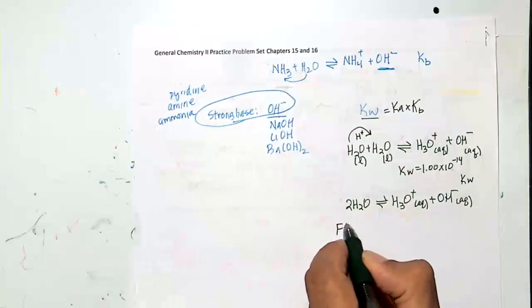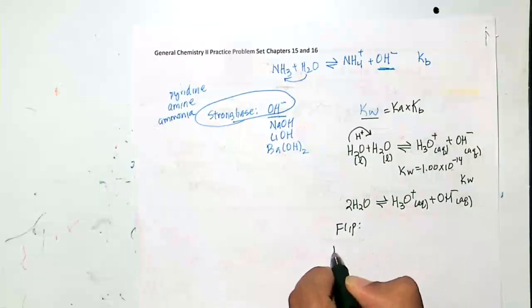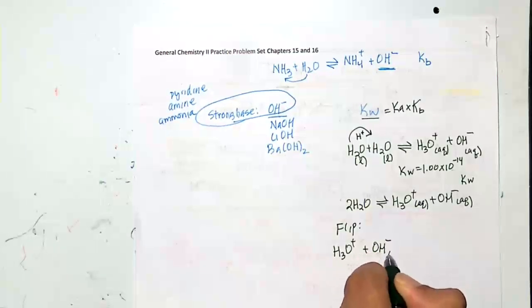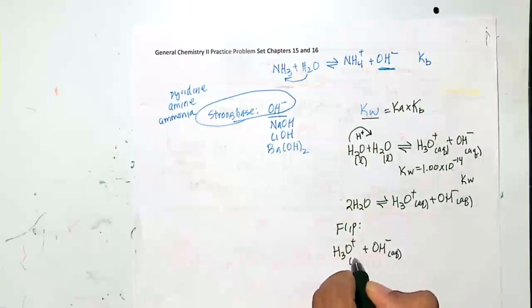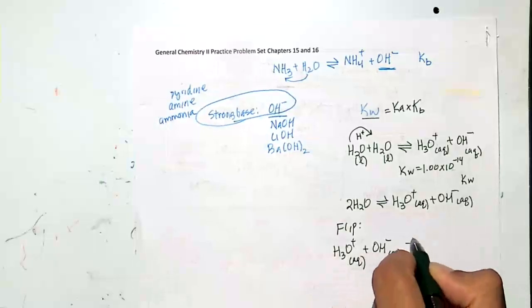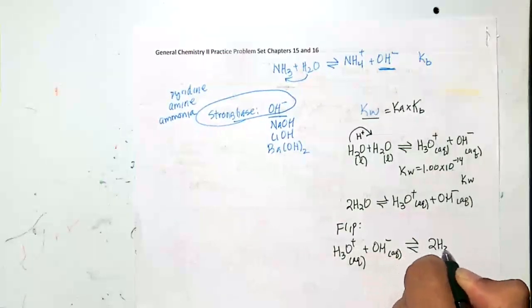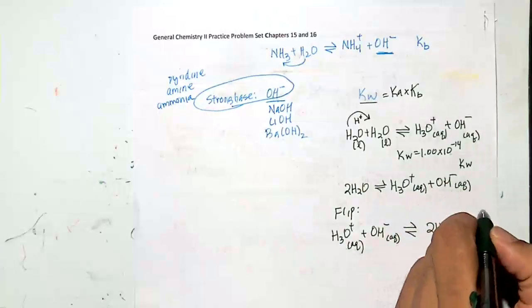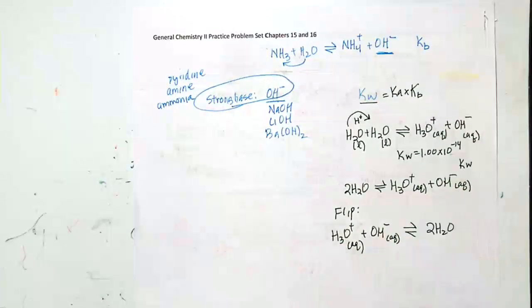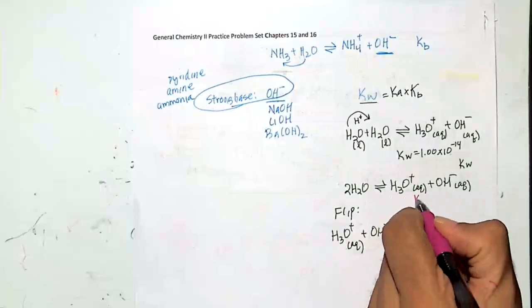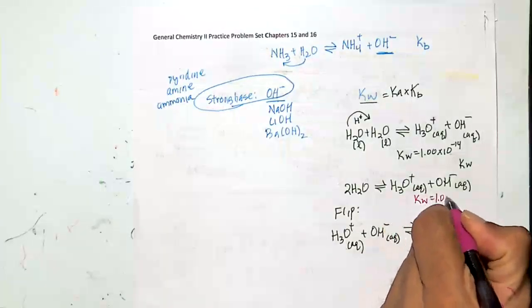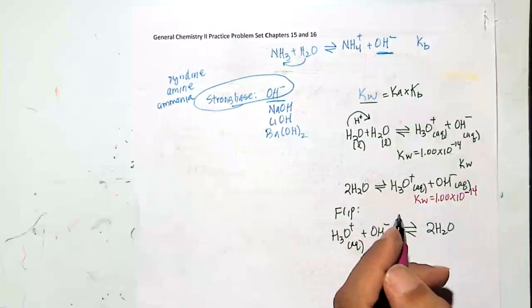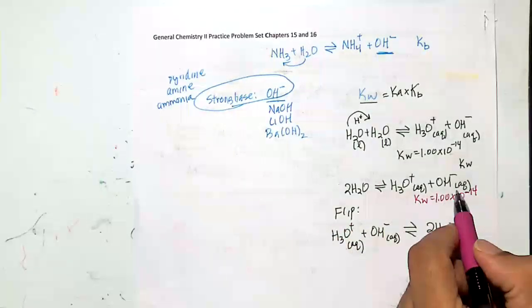What happens if you flip this? What will you get? And what would this be? Would this be Kw? It can't be Kw because this is the equilibrium for Kw. What happens if we flip a reaction?